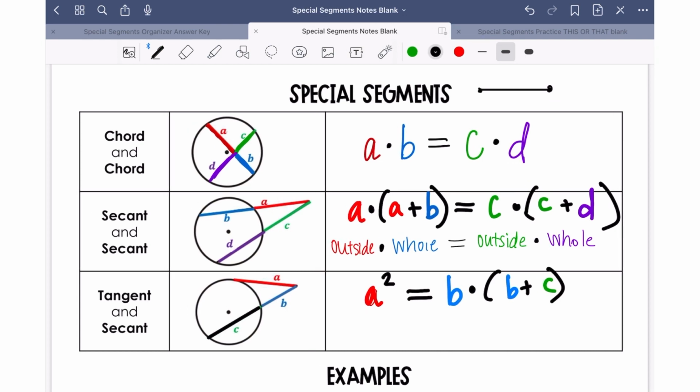Okay. And if you want to write the shorter version of the formula or with words, highlight the C part.